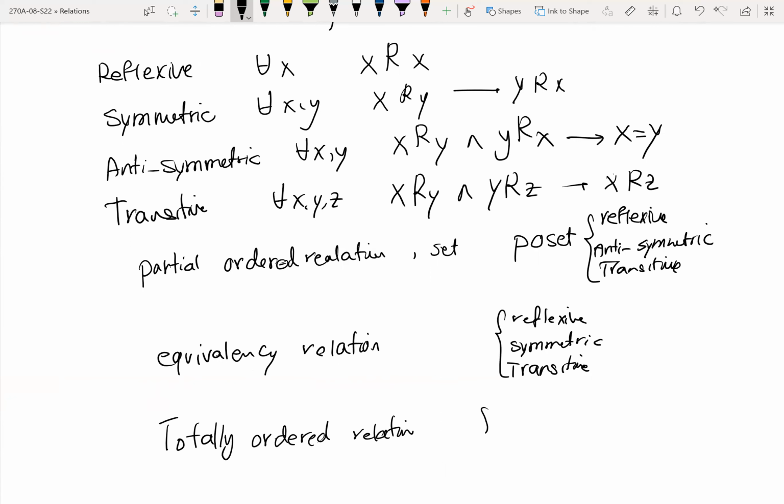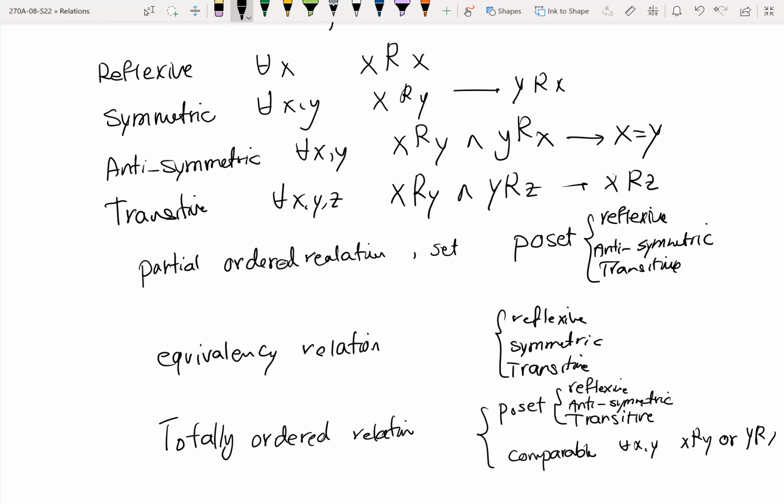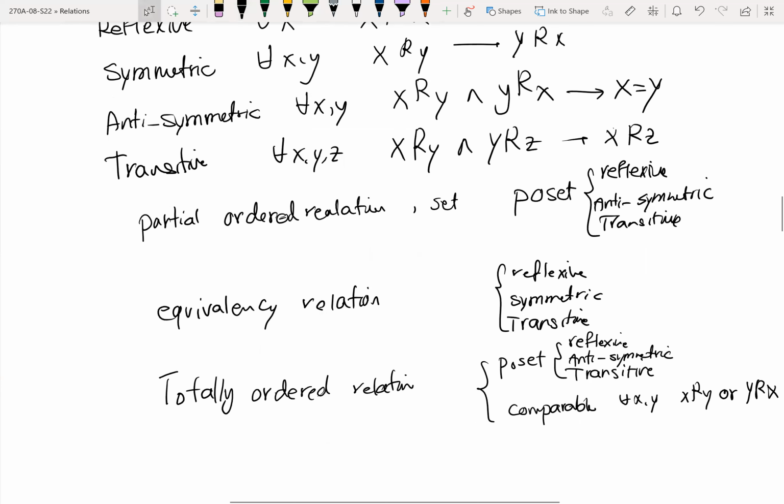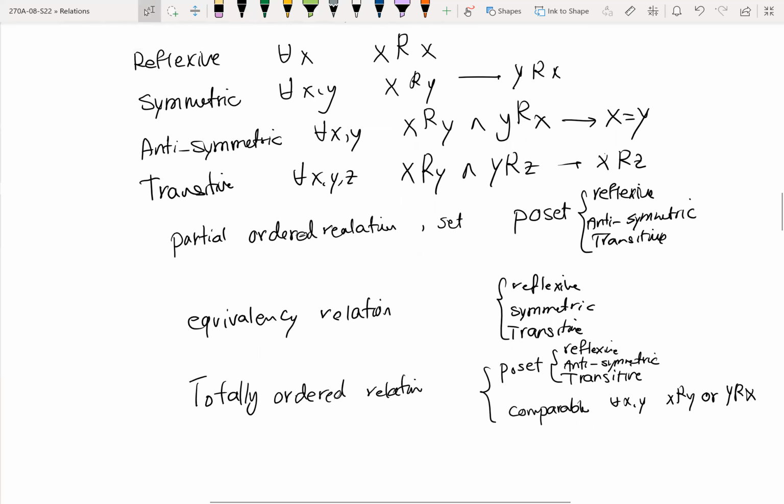It is already a poset, so it has all of reflexive, anti-symmetric and transitive, plus comparable, which means for whichever x and y, either x is related to y or y is related to x. So that's a totally ordered set.